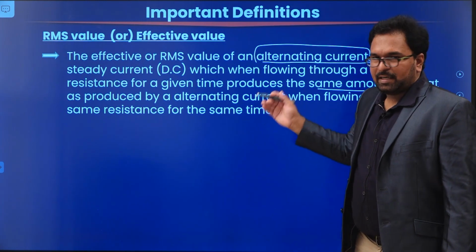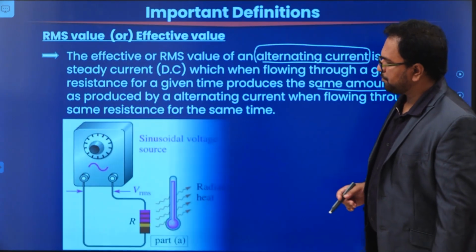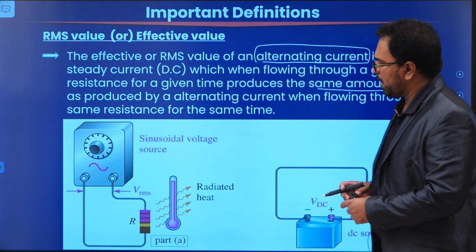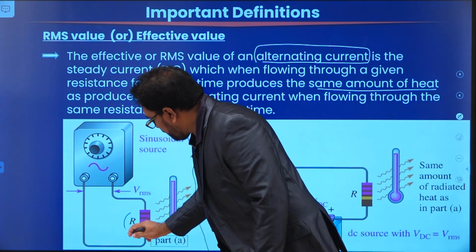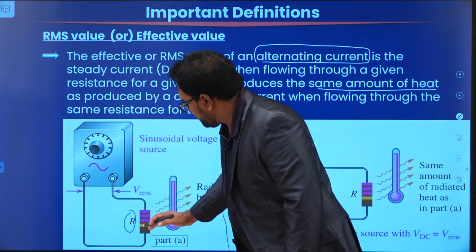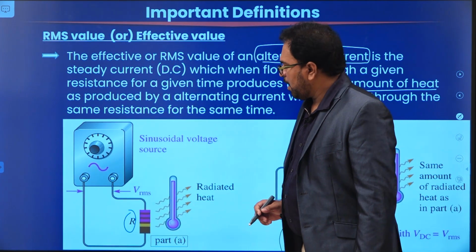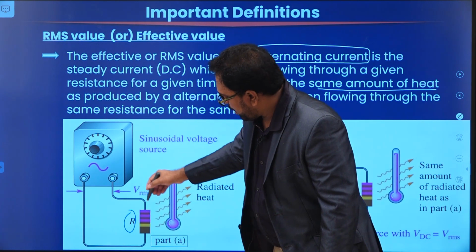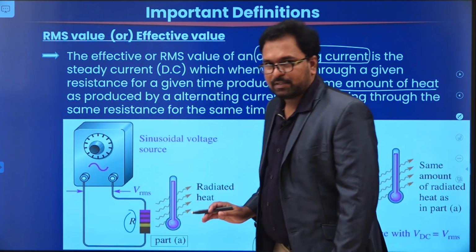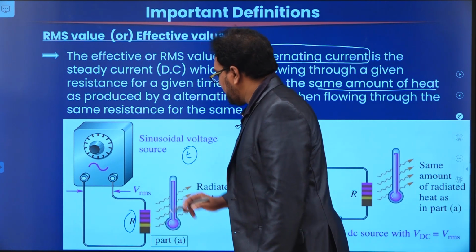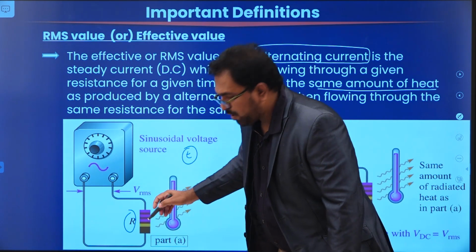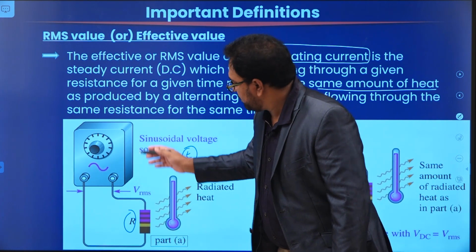I will try to explain the definition by using a simple diagram. Consider this diagram. Now I have applied a sinusoidal AC voltage, single phase AC voltage, to a resistance R, and I will allow a current I to flow through this resistance for some time t. What is the type of current considered here?